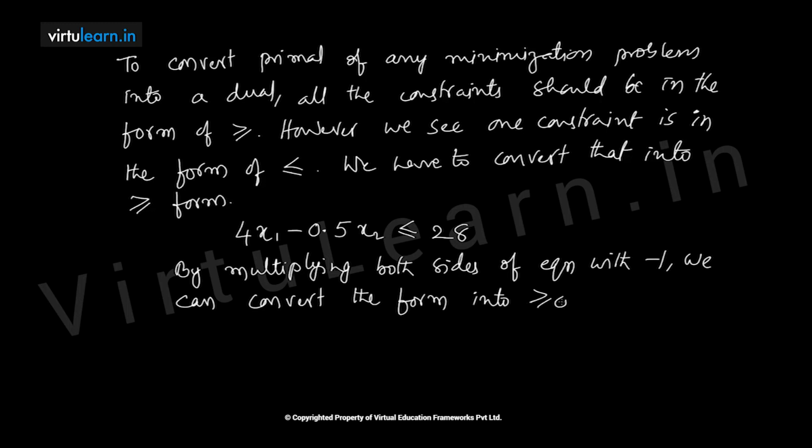So it is, multiplying this into this, now it becomes -1 into 4x1 minus 0.5x2 is equal to -1.